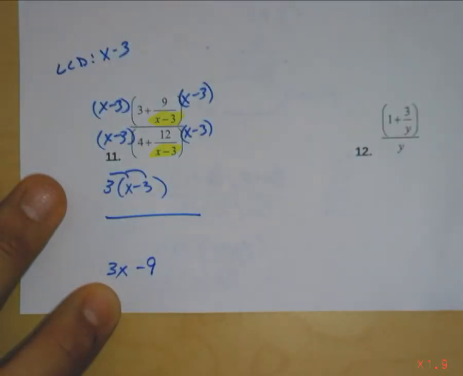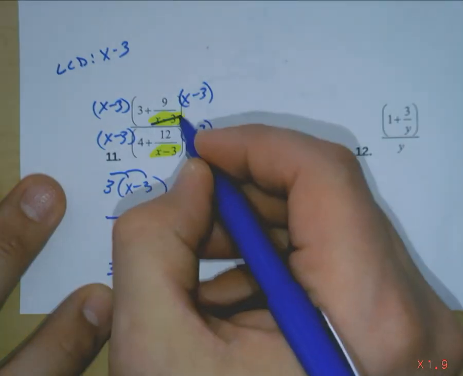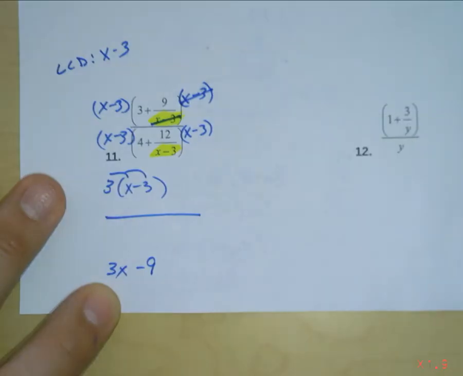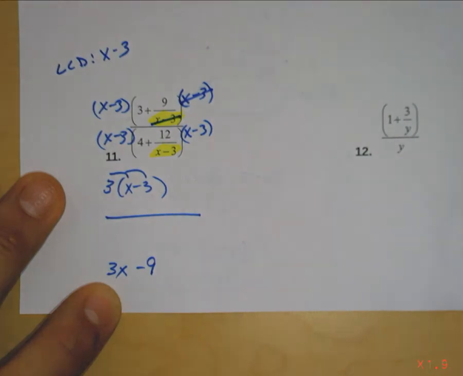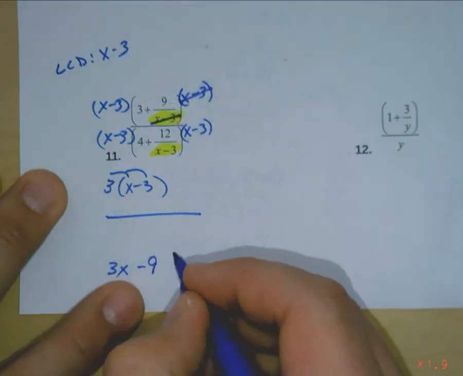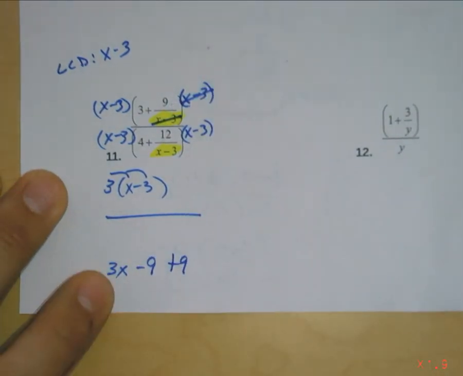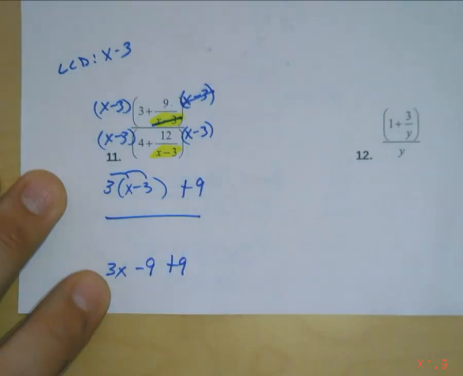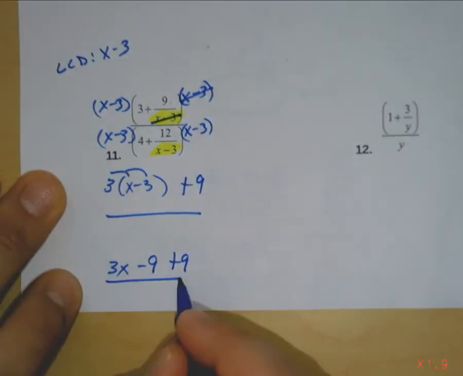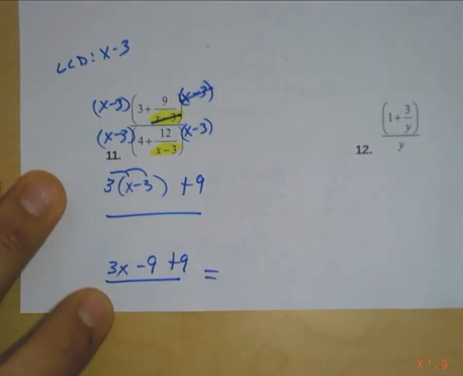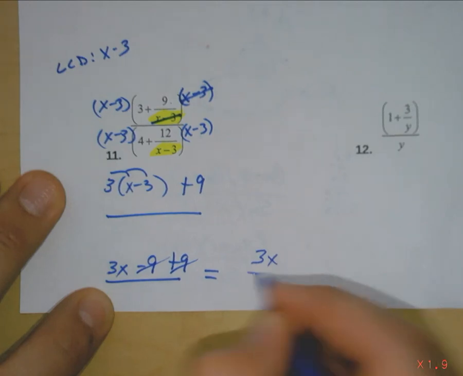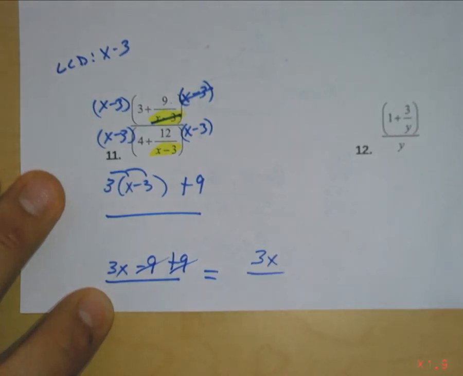Here, the x minus 3's cancel, and that leaves you with plus 9. Put the plus 9 here, that's fine. You can simplify. Negative 9 plus 9 cancels, leaves you with 3x. So the top is completely done now.